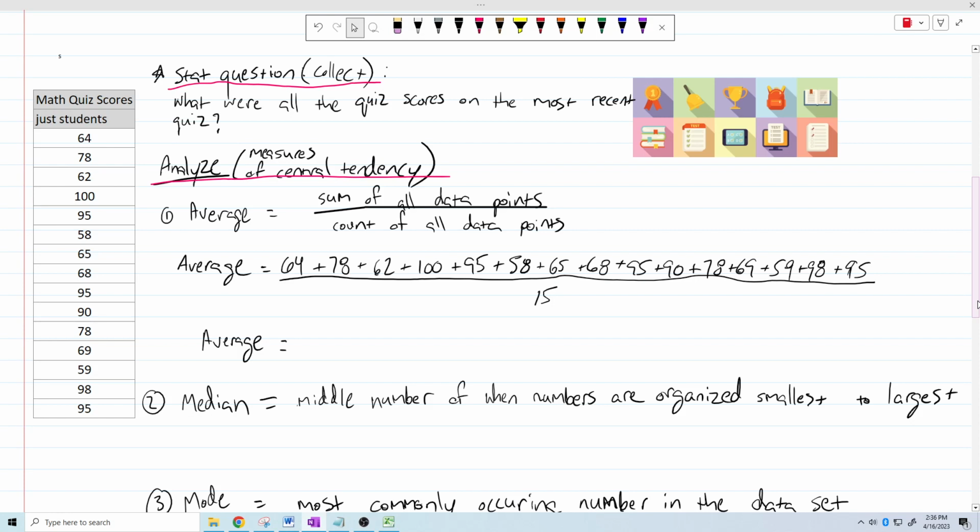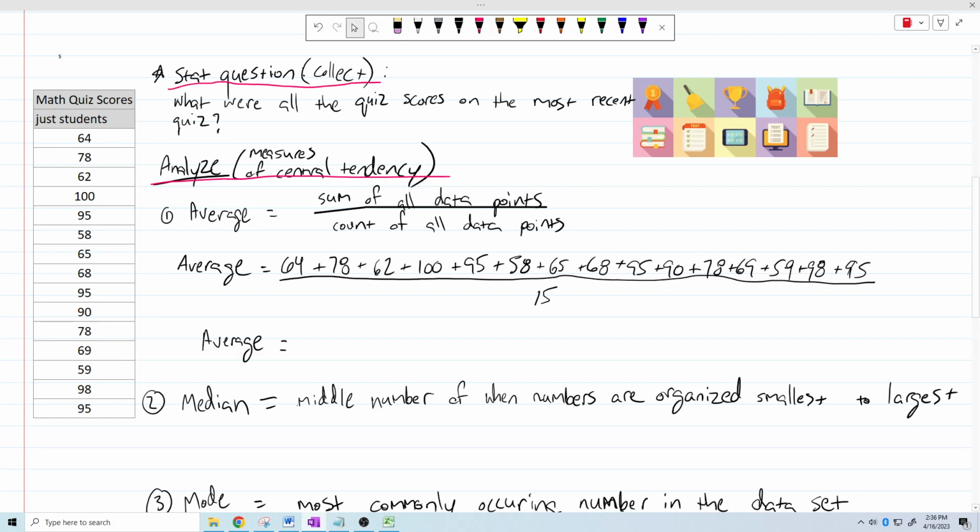For example, here I've pre-written each one of these: 64, 78, 62, et cetera, added them all up. I've got 15 data points. I've counted them out: 1, 2, 3, 4, 5, 6, 7, 8, 9, 10, 11, 12, 13, 14, 15 data points.